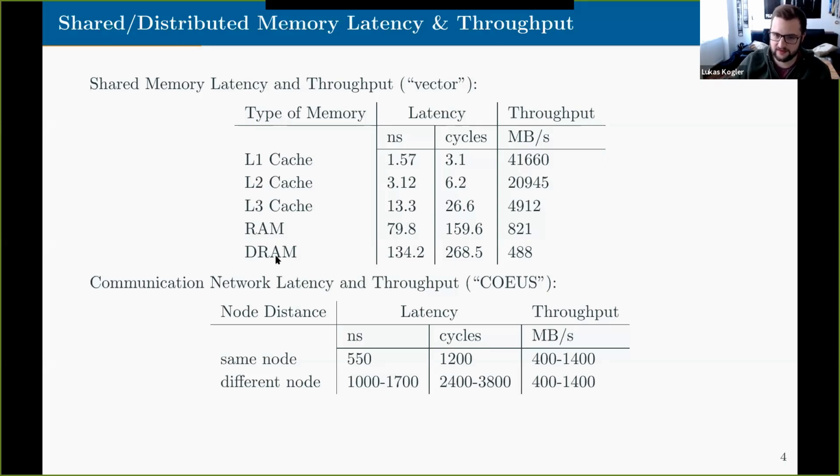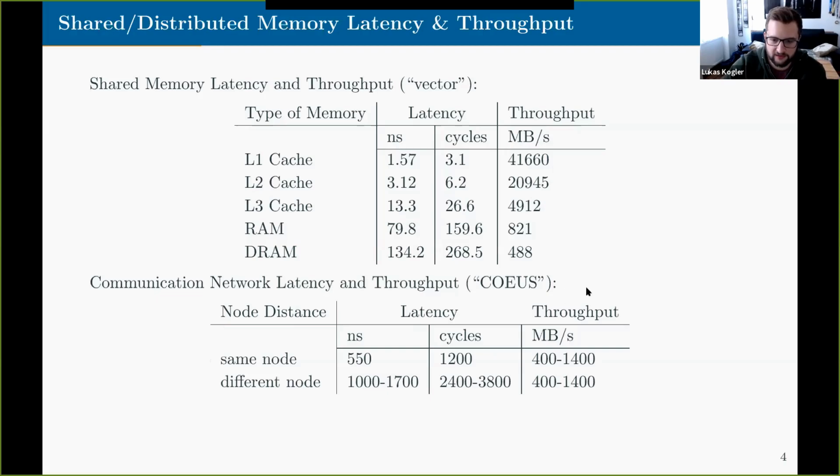This stands for distant RAM, and this is just the part of the memory that is the farthest away from the physical processor you're running on. And you see that the latency goes from a couple of cycles to on the order of 100 cycles, and we always get at least hundreds of megabytes, or even gigabytes, of throughput.